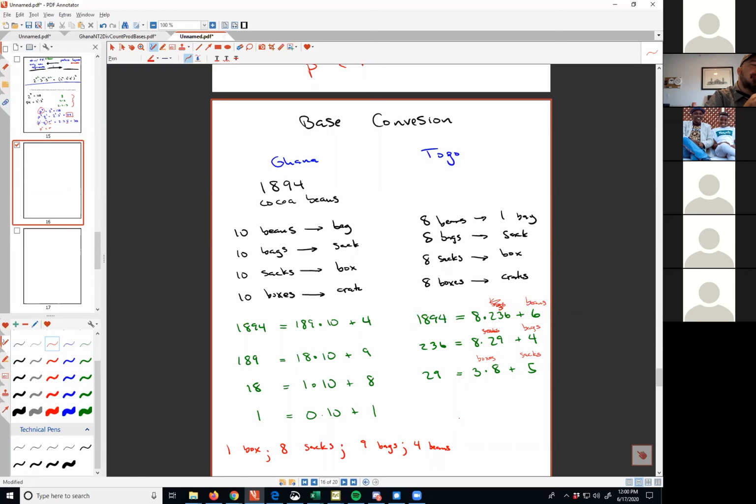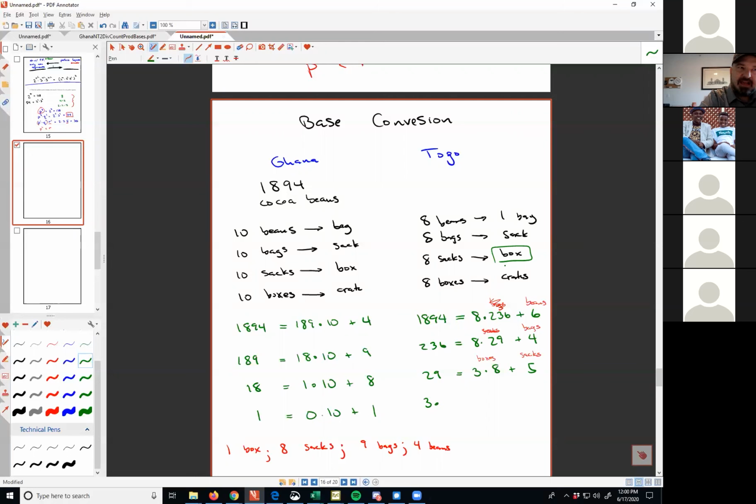So here's what we've got. We've got 3 boxes, and how many beans in a box in Togo? 8 to the power of 3. 8 beans in one bag.